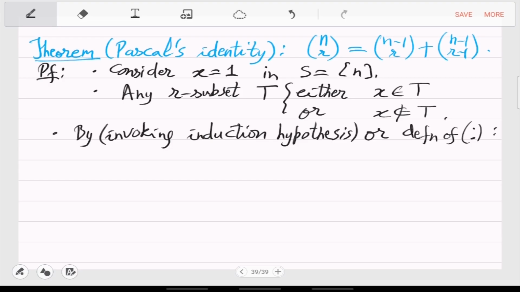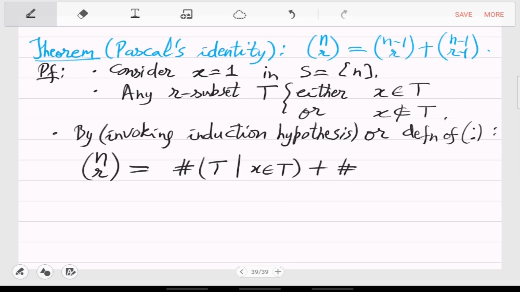What you will get is that n choose r is equal to, first by the sum rule, the number of T's such that x is in T plus the number of T such that x is not in T.